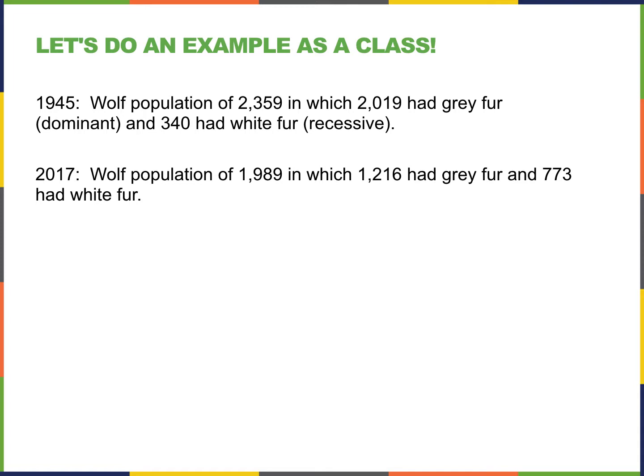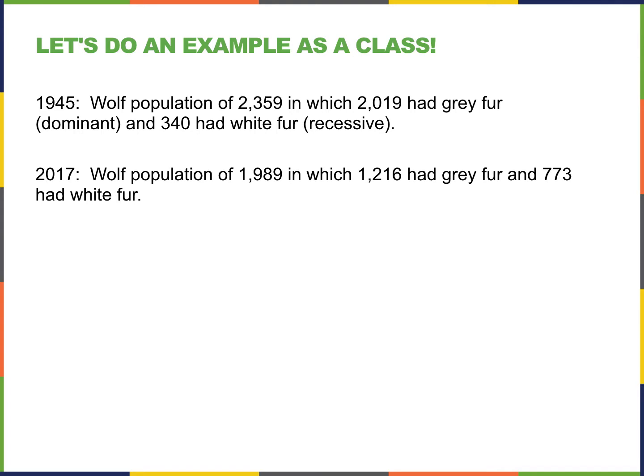So we would get the square root of q squared, which is 0.38, and that gives us q. And then since we have q, we can solve for p. p is 0.62. And then you square that to get p squared, which is 0.38, and then 2pq for heterozygous.